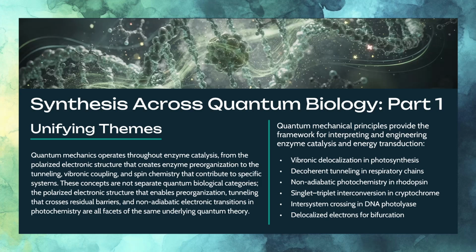And so, in review, quantum mechanical principles discussed in Part 1 of the book provide a framework for interpreting and ultimately engineering various areas of enzyme catalysis, energy transduction, and in fact, various forms of photoreceptive and sensory properties of living systems as well.